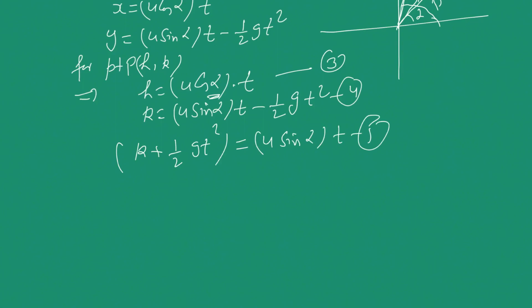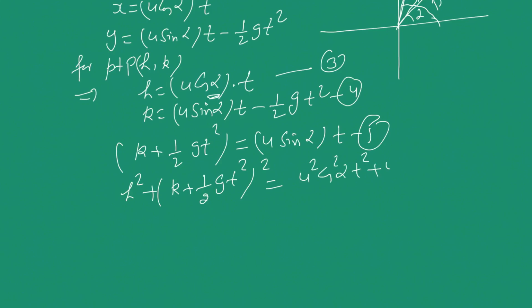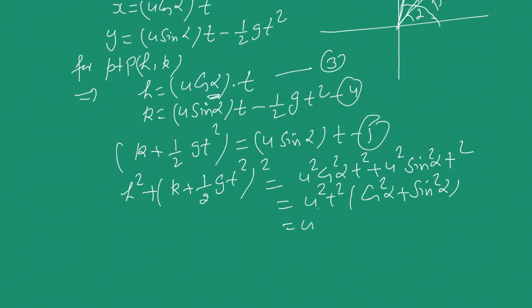Now squaring and adding 3 and 4, this will be h square plus (k plus 1 by 2 g t square) whole square is equal to u square cos square alpha t square plus u square sin square alpha t square. This is further equal to u square t square (cos square alpha plus sin square alpha), which is u square t square. Now I am going to open this square.